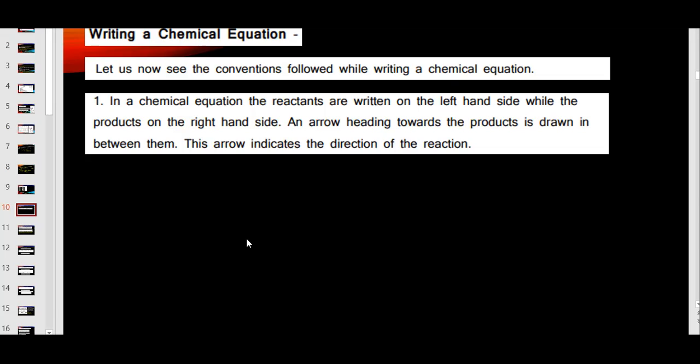Whenever we write a chemical equation, there are some things we should keep in mind by writing some symbols. जब हम कुछ heat करते हैं तो उसको हम कैसे लिखेंगे, एरो मार्क कैसे लिखते हैं, रिएक्टेंट्स होते हैं, प्रोडक्ट्स होते हैं, उनको क्या कहते हैं. अगर मान लो उस रिएक्शन में हीट निकल रहा है बाहर, तो उसको हम कैसे दिखाएंगे रिएक्शन में. So there are some certain symbols used in the chemical equation to show all these things.